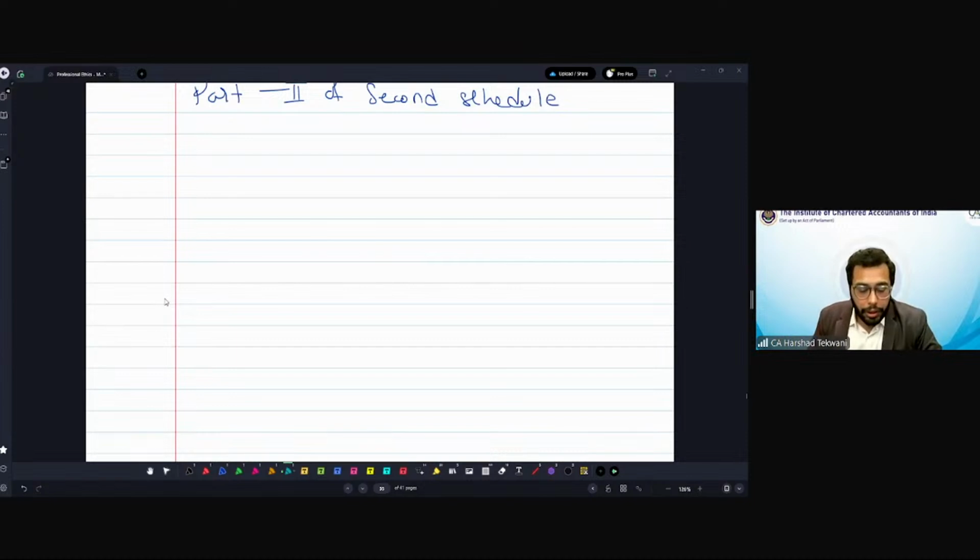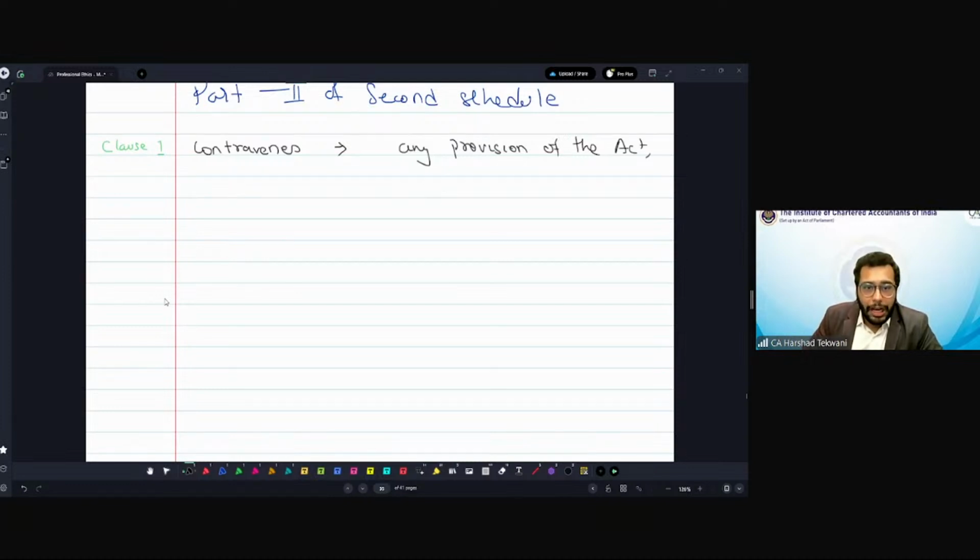Now the first clause of part 2: a member of the institute, whether in practice, in service, or in general, will be deemed guilty of professional misconduct if he contravenes any provision of the act, regulations, or guidelines.